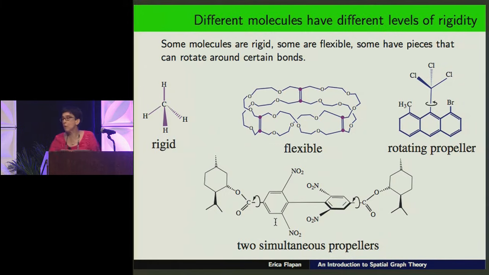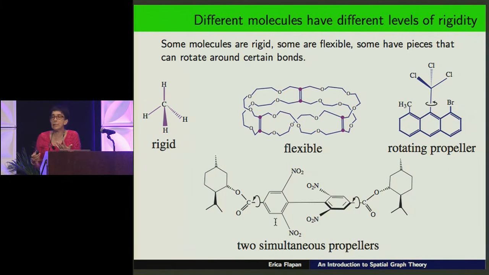And you can see that with all different molecules with different levels of symmetry, you're going to have different groups, whether the molecular group agrees with the point group, which you see for the rigid molecule, where it doesn't for a flexible molecule like the Mobius ladder, where it also doesn't for a molecule with the rotating chlorines at the top, and on the bottom there's a different molecule which has two simultaneous rotations on either side.